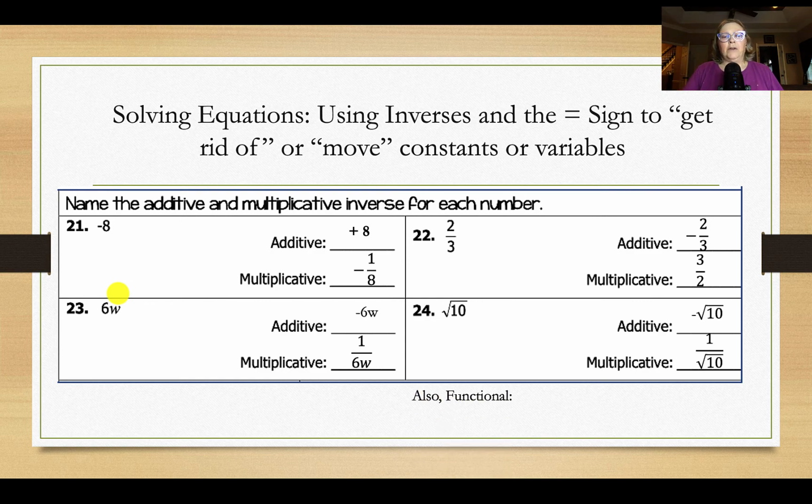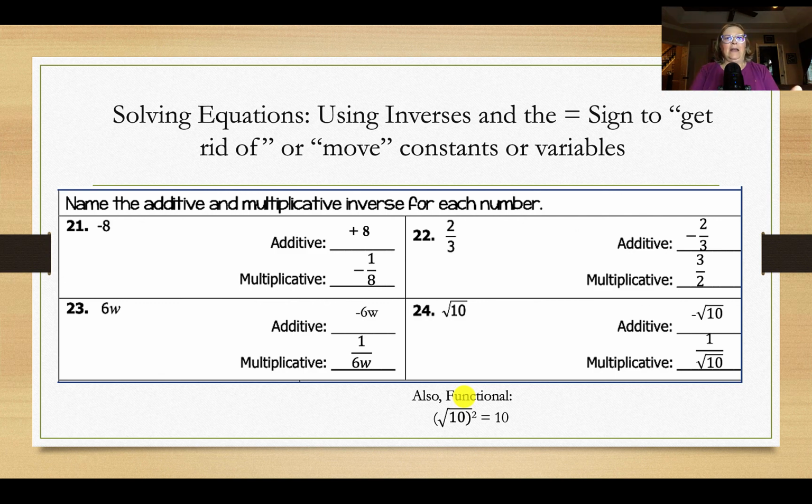And I added a little note here. There are also functional inverses, and I'm just pointing this out now. So for example, we're taking the square root of 10. The functional inverse of that would be squaring it. So the functional inverse of a square root is to square it. It doesn't get me back to 1, but it does get me back to sort of the most original number, which is 10 there.